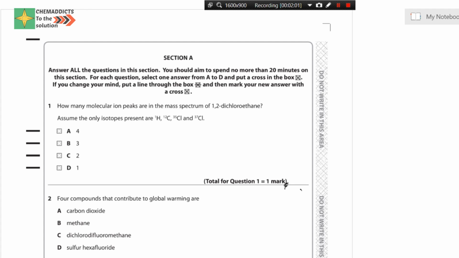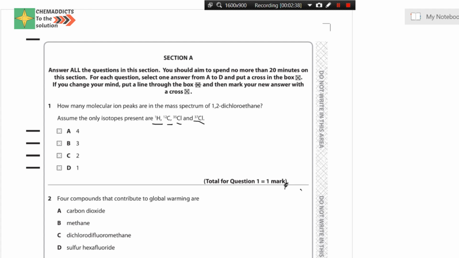So they have asked us about the molecular ion peaks that would be present in the mass spectrum of 1,2-dichloroethane. Assume the only isotopes present here are H, there is only one isotope of hydrogen, then carbon, then chlorine. One is chlorine 35 and another one is chlorine 37.